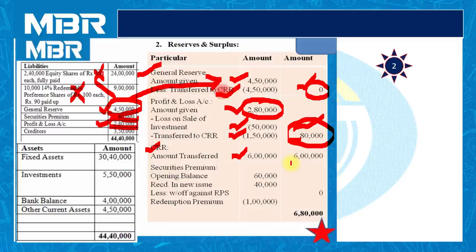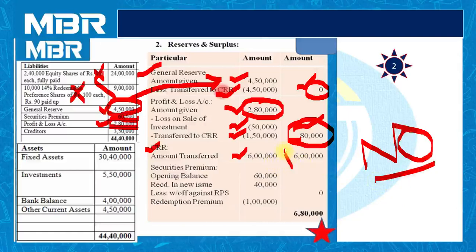So very simple. 6 lakhs rupees are transferred to CRR and no amount is utilized by the company from CRR. It means the balance available in the CRR account remains the same. So the amount available in the CRR account of the company is rupees 6 lakhs. Simply it is mathematics.